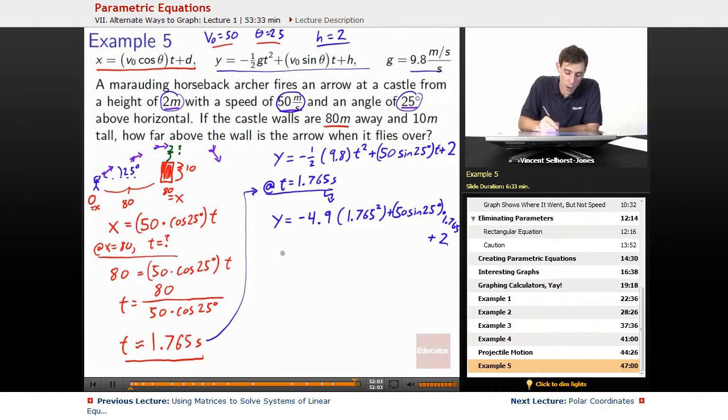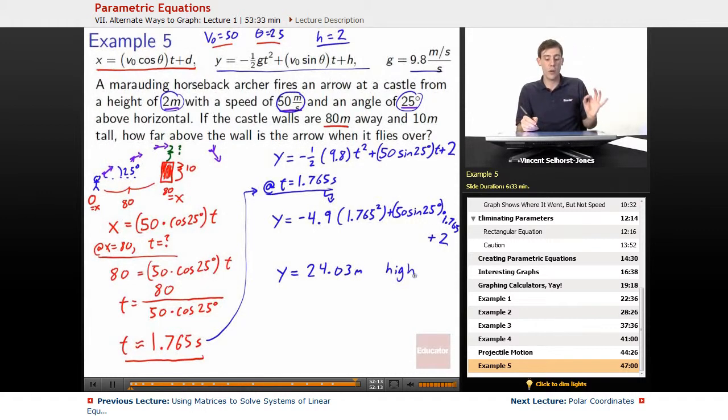Kind of a lot there, but we can work it out with a calculator, and we get 24.03 meters. So the arrow is 24.03 meters high when it gets to the walls.